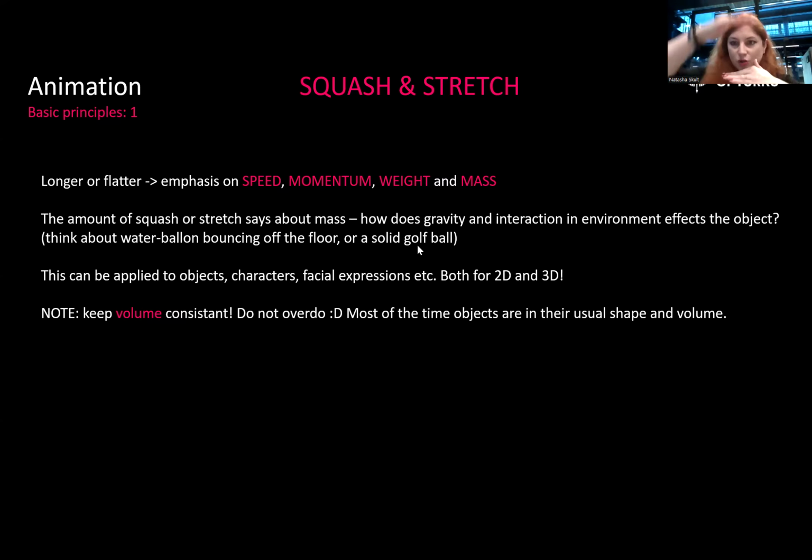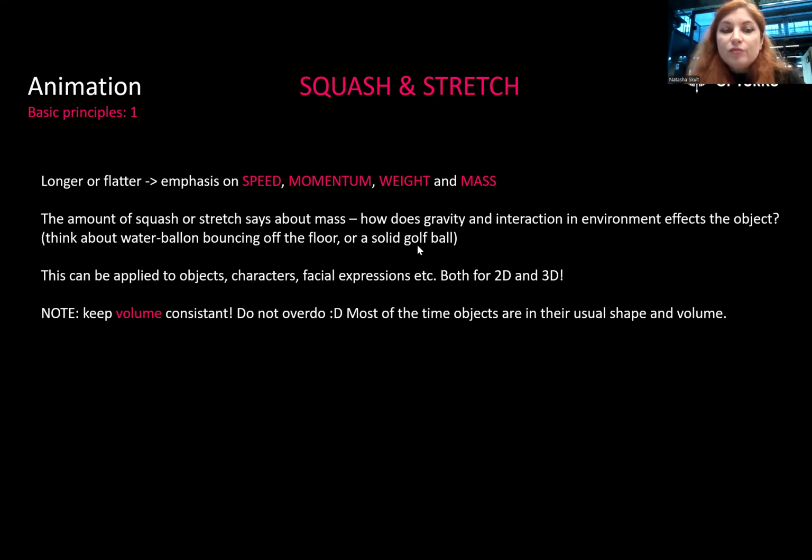So squash and stretch is what happens to the object. What we are manipulating with squash and stretch is the feeling of speed, of momentum, of weight, of mass, of how the natural way of reacting or acting of the object would be in the environment that we give.